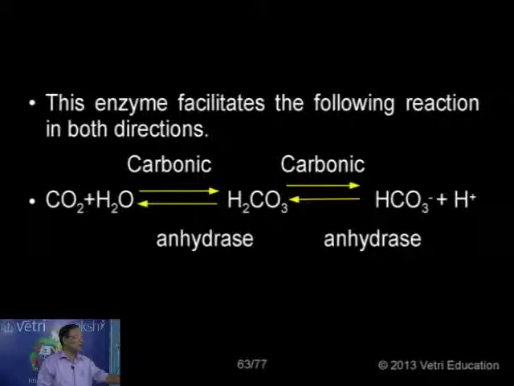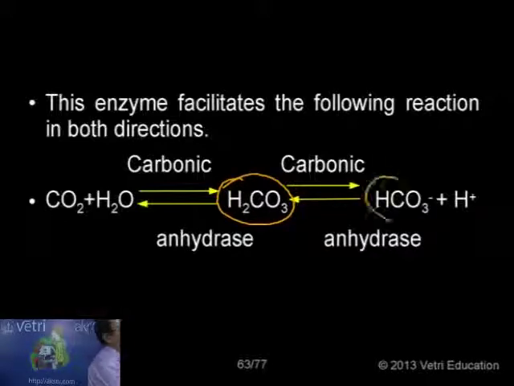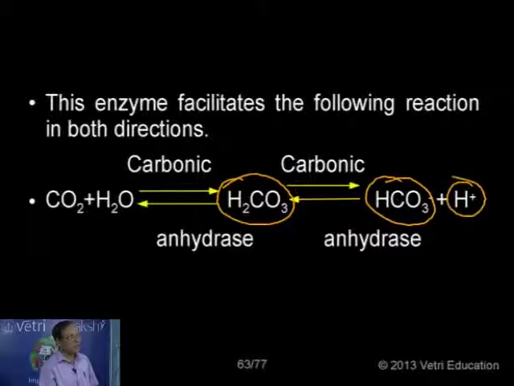Once carbon dioxide enters into the plasma or inside the RBC, it combines with water to form carbonic acid. It is a weak acid, so it is unstable. It immediately dissociates to form bicarbonate as well as hydrogen ions. Now this bicarbonate combines with sodium to form sodium bicarbonate.